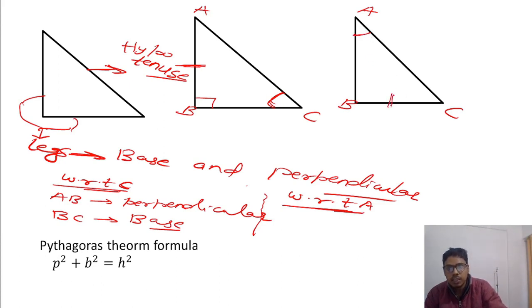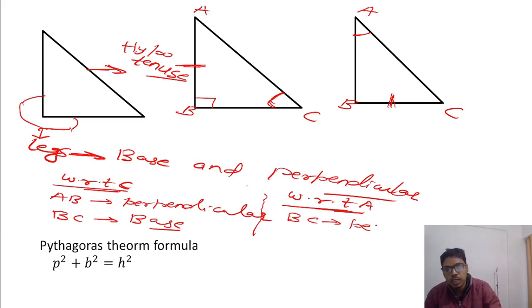The side BC is opposite of A. So BC is the perpendicular with respect to A. In this case, AB is the base. The opposite side of C is AB, so AB becomes the perpendicular for C. Here the opposite side of A is BC, so BC becomes the perpendicular for A.